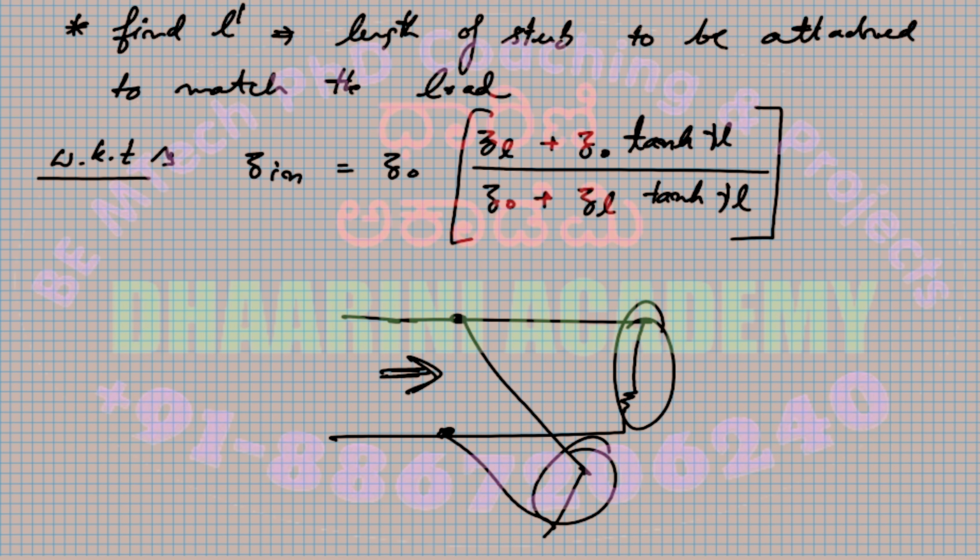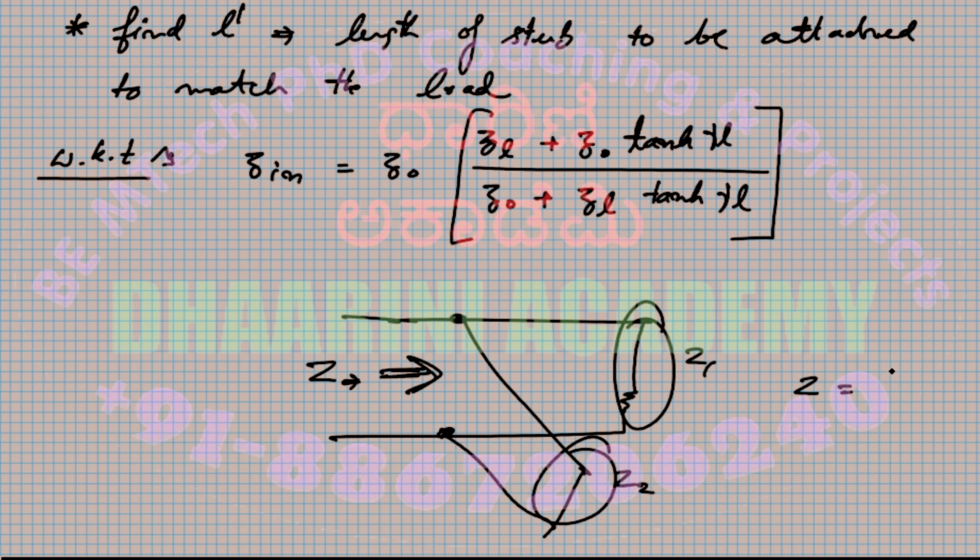Whereas if you use admittance, what happens to the admittance when you have two resistors in parallel? What is the total admittance? If I want to calculate the Z of this input, I have Z1 and Z2, let's assume.